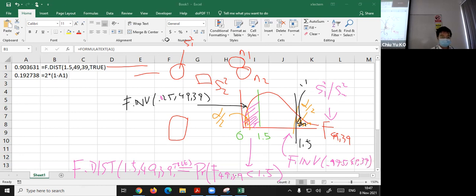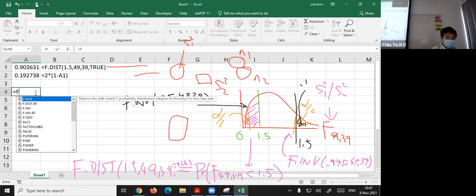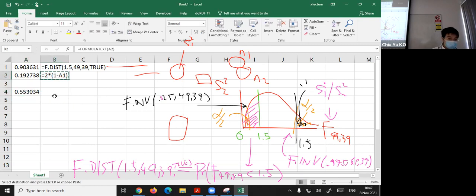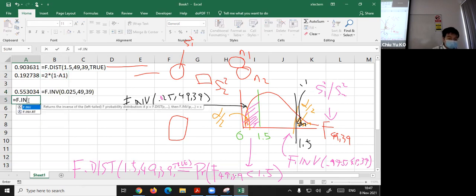Okay. Just let me repeat here. You just F inverse 0.025, 49, 39. And the other one is F inverse 0.975, 49, 39.